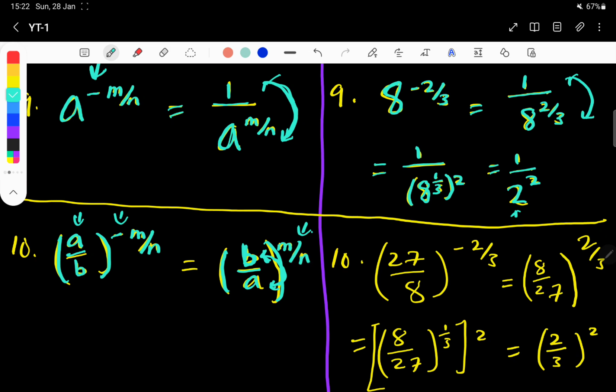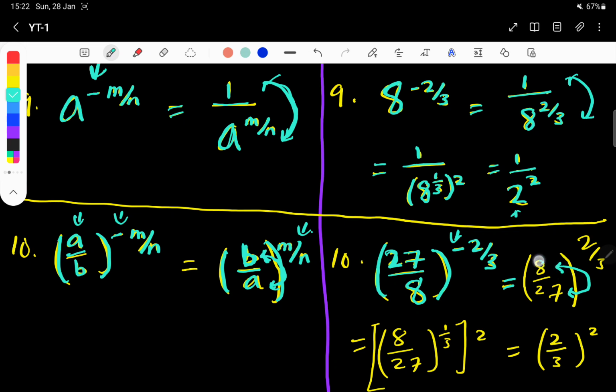Okay, let's see the example. Let's say you have 27 over 8, close the bracket, power of negative 2 over 3. So remember, whenever you have negative power, you must upside down it.